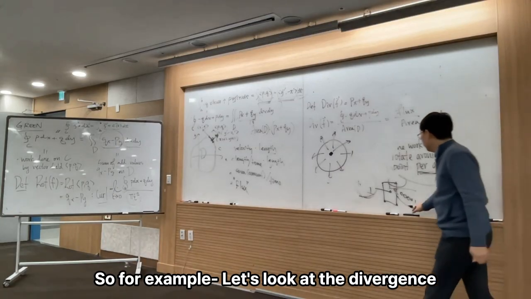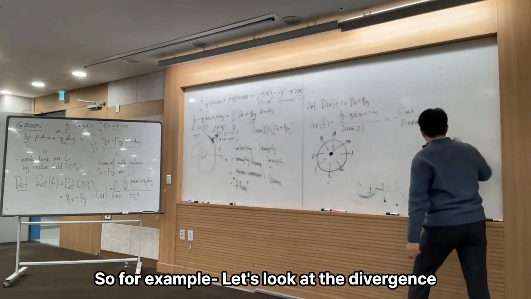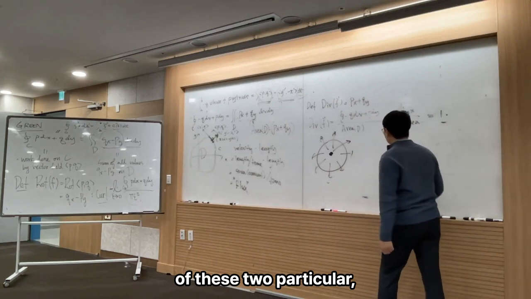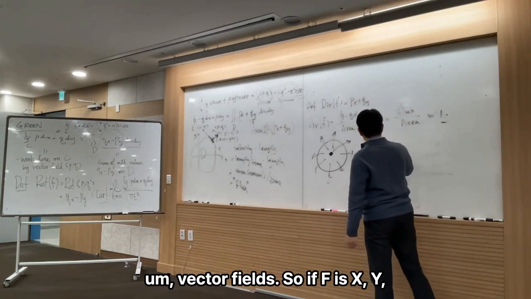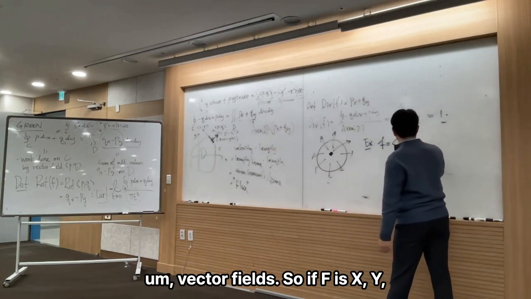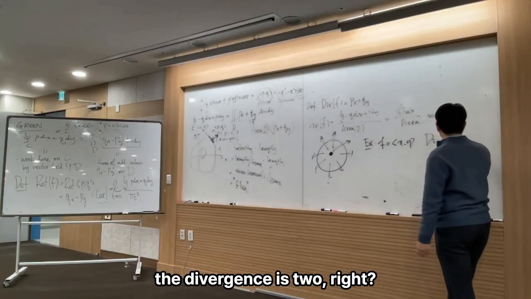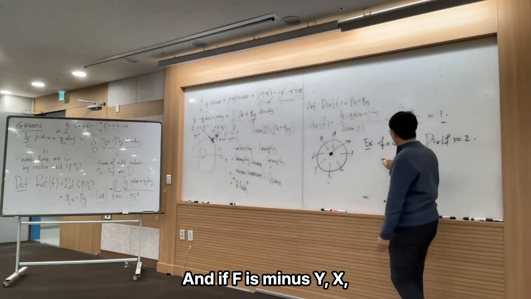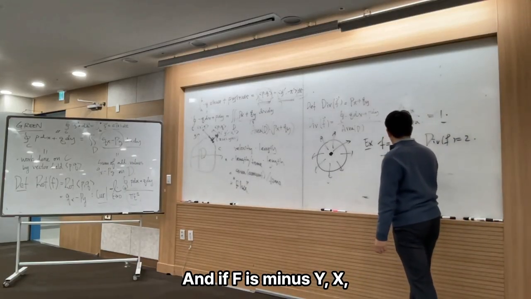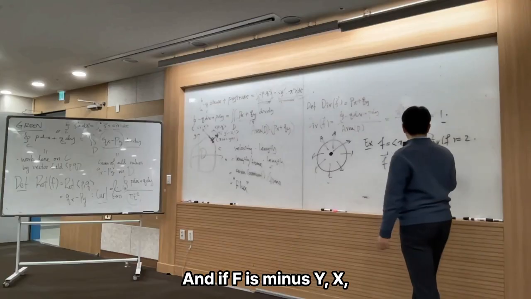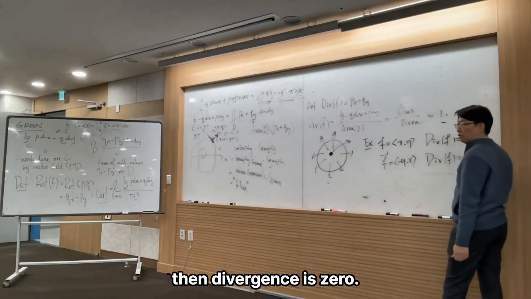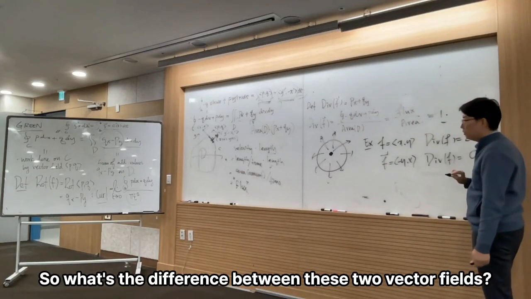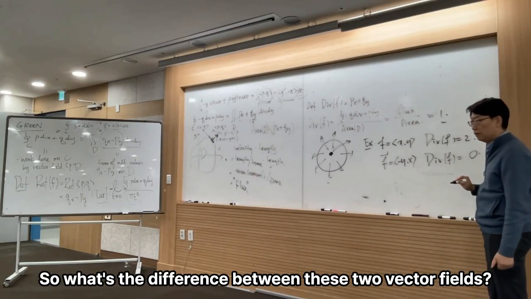So for example, let's look at the divergence of these two particular vector fields. If F is (x, y), the divergence is 2, right? And if F is (-y, x), then the divergence is 0. So what's the difference between these two vector fields?